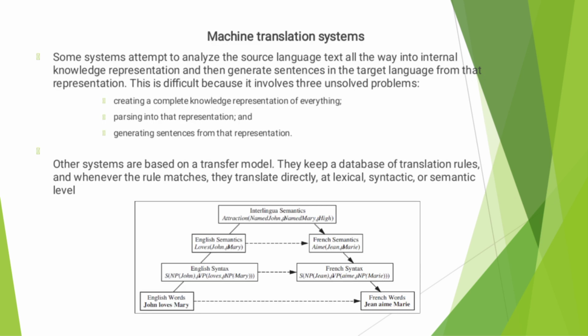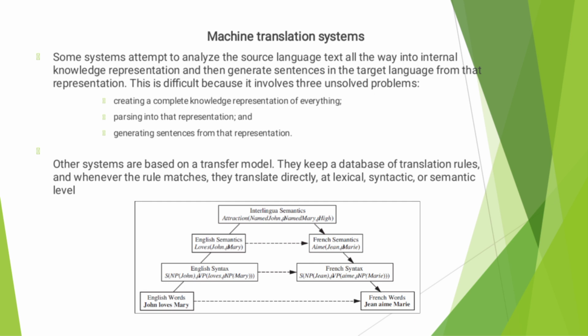Then machine translation systems. Some systems attempt to analyze the source language text all the way into an internal knowledge representation and then generate sentences in the target language from that representation. This is difficult because it involves three unsolved problems: creating a complete knowledge representation of everything, parsing into that representation, and generating sentences from that representation.